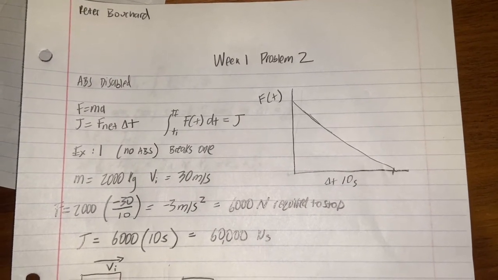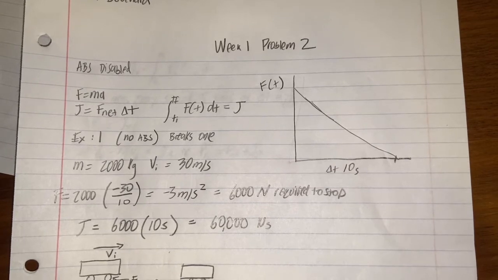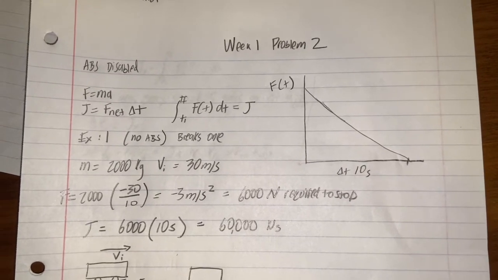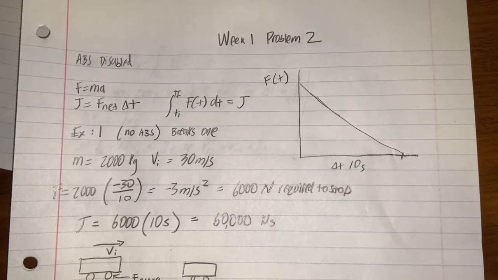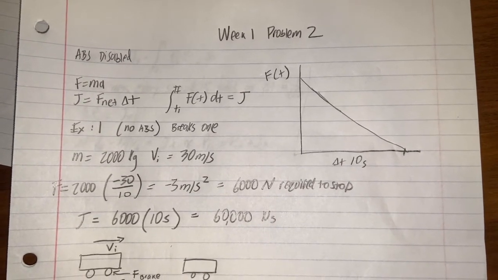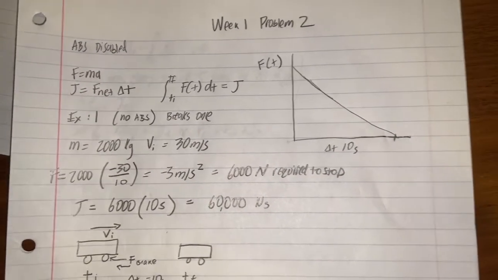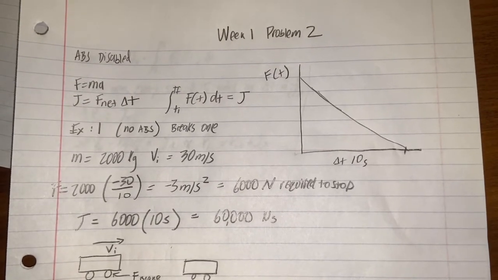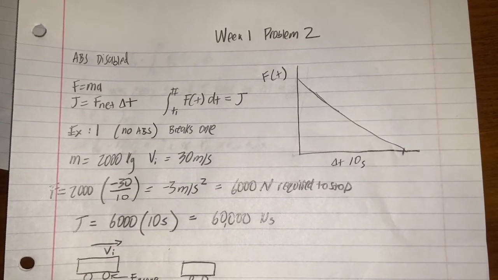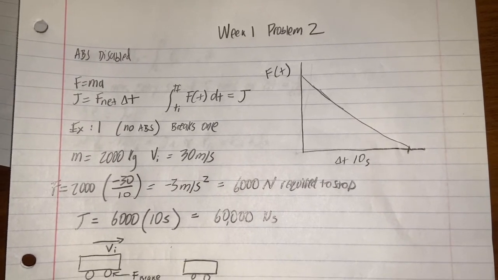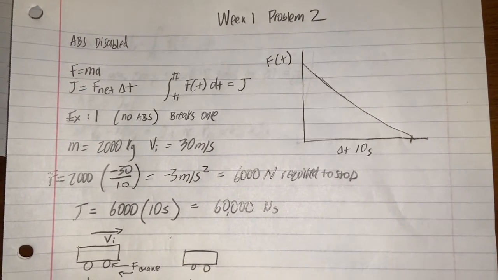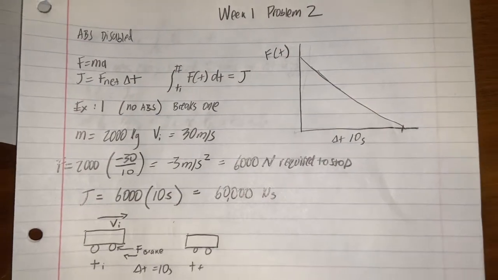Since acceleration is the change in velocity over the change in time, and the change in velocity was 30 meters per second and the change in time was 10 seconds, a deceleration of 3 meters per second squared was needed to stop the car. So in this case, 6,000 newtons required to stop it, giving an impulse of 60,000 newton seconds.